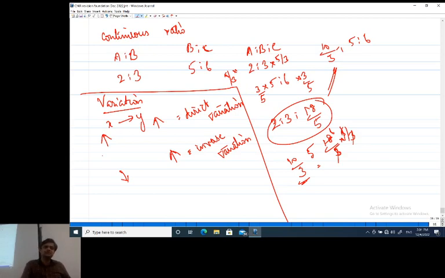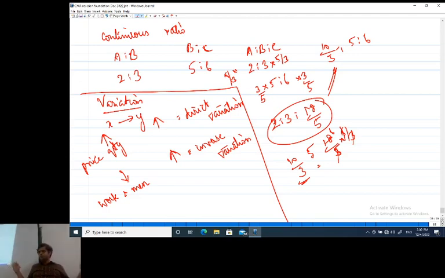Direct variation example, price and quantity. If you take 10 items, and one item costs 2 rupees, how much for 10 items? 20 rupees, because the number goes up, the price also goes up. Quantity and price. Okay, for inverse variation, the best example is work and men, work and labor.